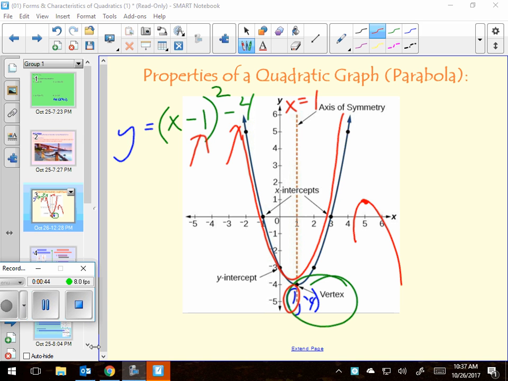Do you get that 5, 1 has buried in it the axis of symmetry too? It would be what? X equals 5. Very good. The axis of symmetry goes with the x of the vertex. All this stuff kind of goes together, and hopefully I'll help you see how it all goes together.